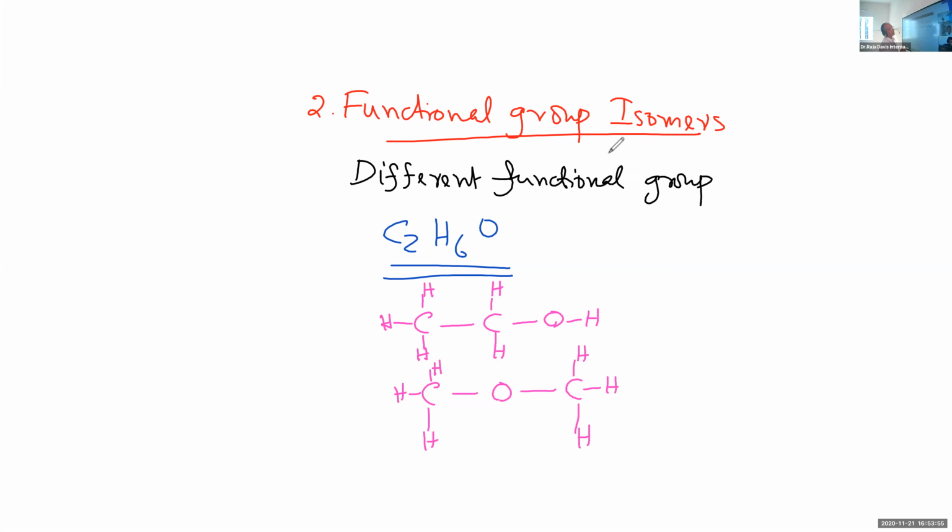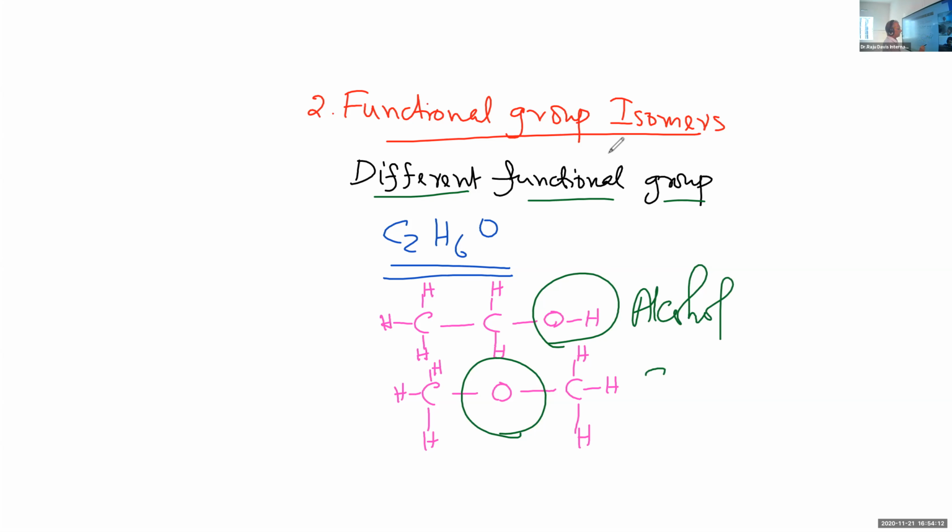Now you think of the functional groups. See, different functional groups. Here the functional group is OH, alcohol. Here the functional group is O, that is ether. This compound is alcohol, and this compound is ether. The functional groups are different.